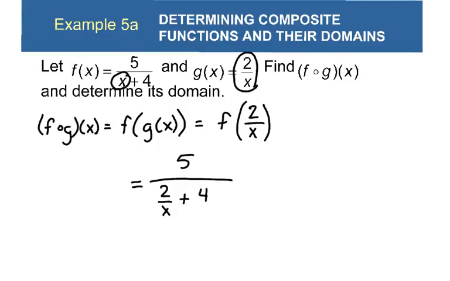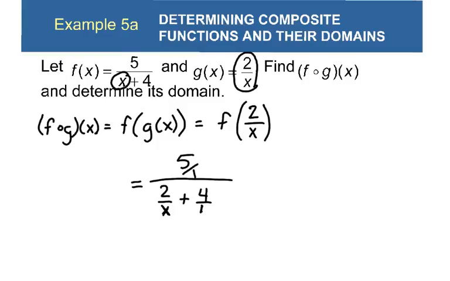All right, so here we have a complex fraction. If you don't remember how to simplify these, pay close attention. How you can simplify a complex fraction is determining its greatest common denominator. Well, in this case, everything else in this thing is over 1, except for your 2 over x. So your greatest common denominator here is 1 times x, or just x.